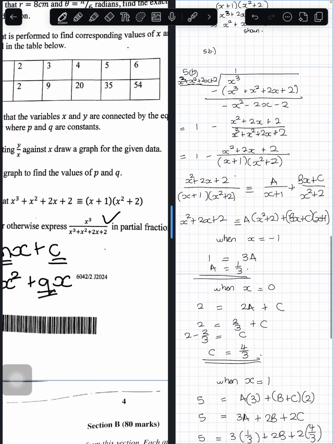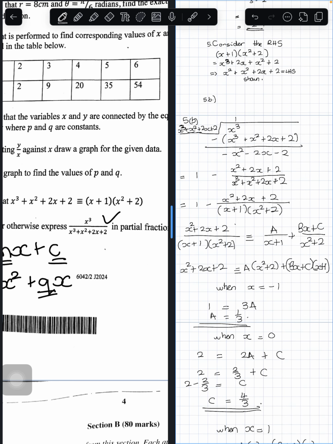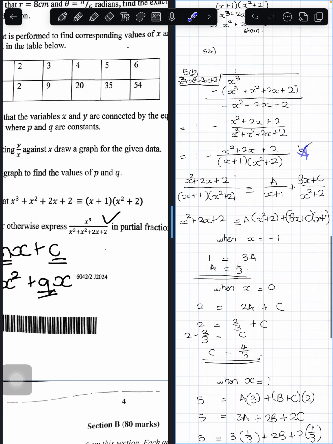Right, let's not forget something, that our answer should be in that form. Right. So here where I have a star, that is the answer that I got there, I'm supposed to replace it up there.